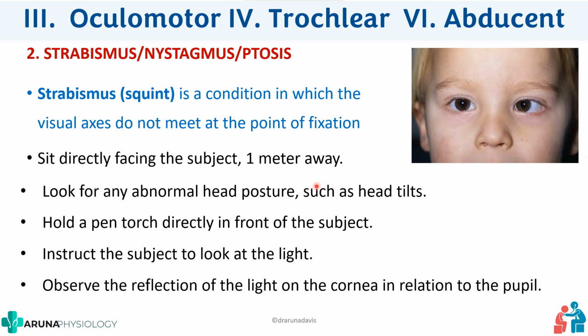So see, for this person you can see that these two small white dots are the reflection of the torchlight which is being held, and then you compare that reflection with the pupil. For this eye, suppose it's at the center of the pupil, you can see that for this side it is more towards one side, which means that there is a slight squint or strabismus. Okay, so that is how you will test for squint.